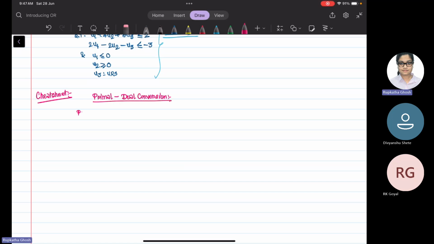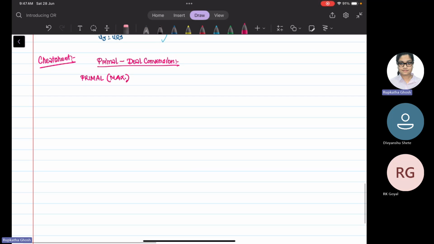If your primal is max, and always remember, in case your primal is minimum, whatever rules I'm writing here will exactly be the opposite, then your dual becomes min, right? Now, the first thing is, if the ith constraint in your primal model is of a less than or equal to type, then your dual variable ui would be greater than or equal to 0.